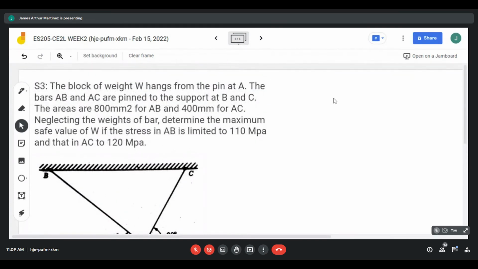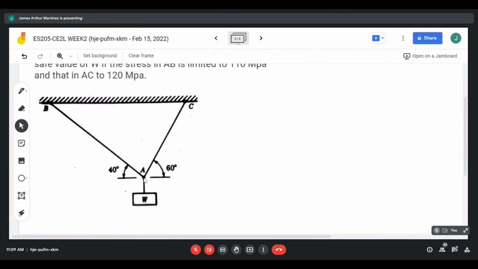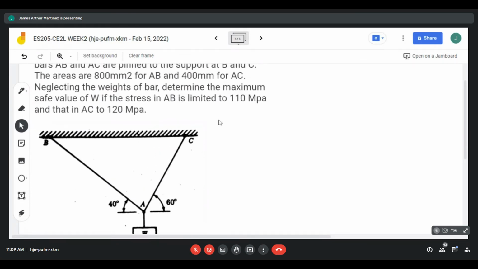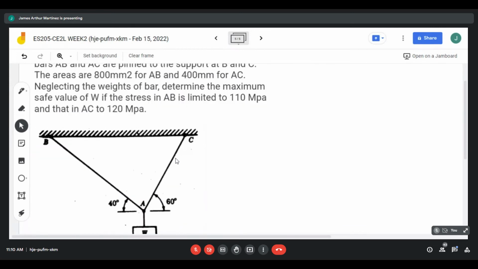So for sample problem number 3, the block of weight W hangs from the pin at A. The bars AB and AC are pinned to the support at B and C. The areas are 800 millimeters squared for AB and 400 millimeters squared for bar AC.